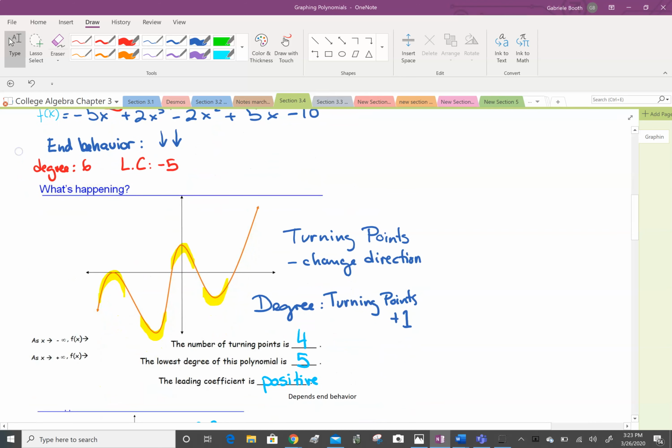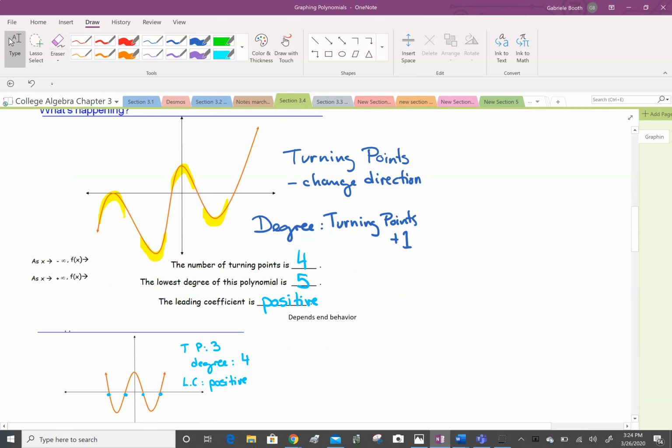Now, something else is of interest when we graph it, and I call it the turning points, when your graph is changing direction. So here you can clearly see we're going up, then we go down. That's 1 turning point, 2 turning points, 3 turning points, 4 turning points. So this graph has 4 turning points.